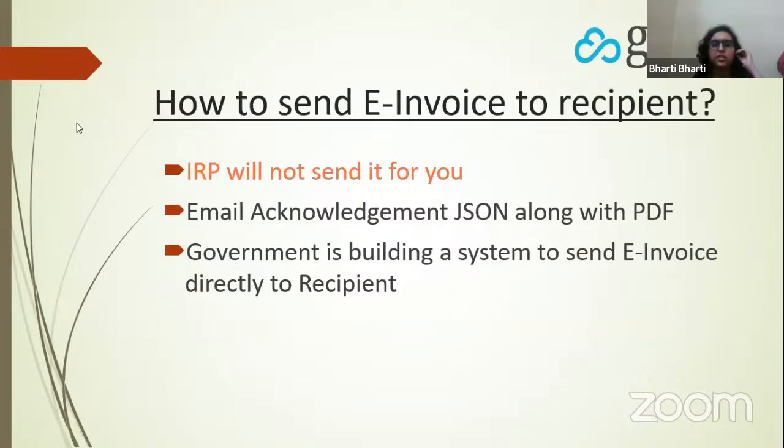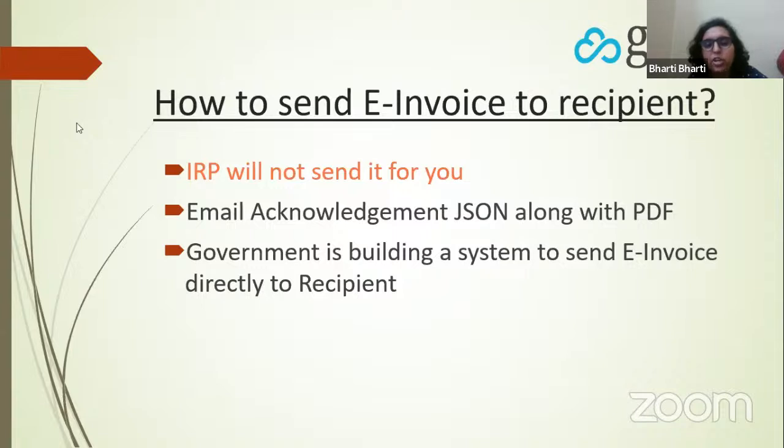How to send the e-invoice to the recipient? IRP will not send it for you. If you think that when you generate the e-invoice it will automatically be sent to your customer, IRP will not do that. You will have to send it by yourself. So you can email the acknowledgement JSON along with the PDF.